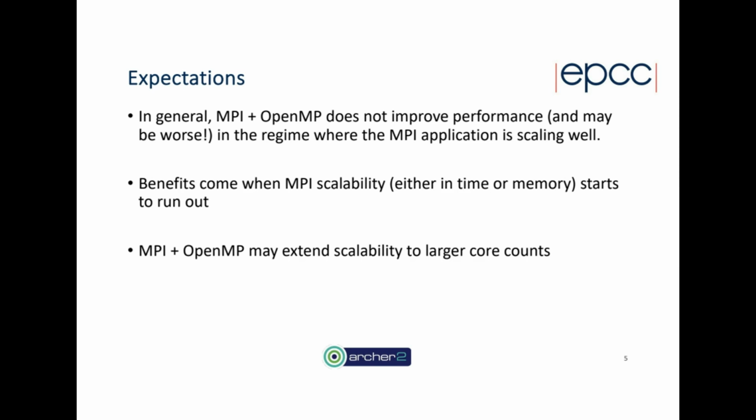So if your MPI is doing fine up to the number of nodes or cores that you're interested in running on, then you're very unlikely to get any benefit from adding OpenMP. The benefits tend to come where the MPI scalability, so that could be either in time or in memory usage, starts to run out. And using MPI and OpenMP together may allow you to extend the scalability to larger core counts.